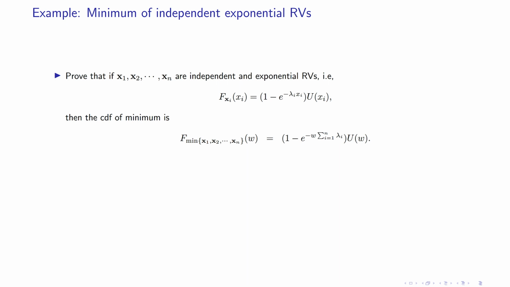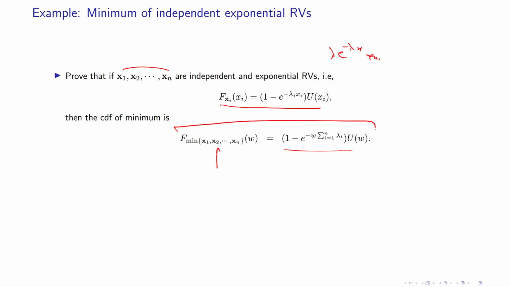Now the minimum of independent exponential random variables. In this example, if these are independent and all have exponential distributions, this is their CDF, and their PDF is going to be lambda e to the power of minus lambda x u(x). Now you put this into the expression you had, and the PDF of the minimum is going to be like that. This is a very important and interesting example, which is used in many applications.